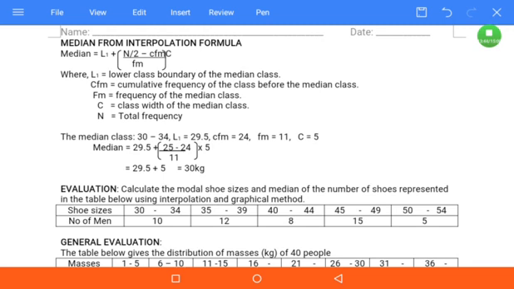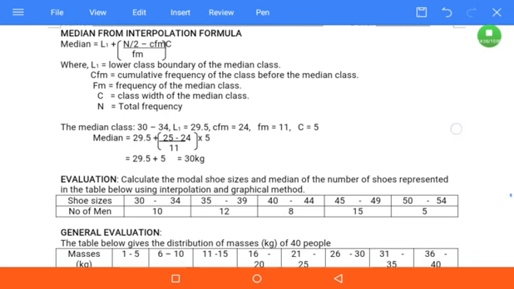So if you do 25 minus 24, you get 1 over 11, then times 5. That's 5 over 11. If you do that, you get 29.5 plus 0.5. Sorry, this should be 0.5. If you do the sum, you get 30 kilogram. Can you see that? So you get approximately 30 kilogram, which is our answer.